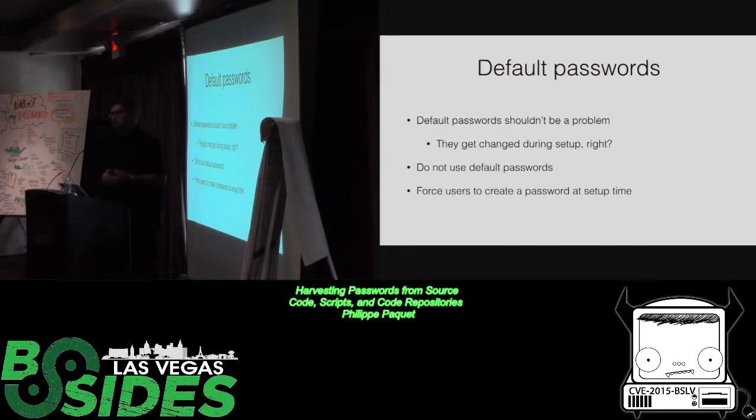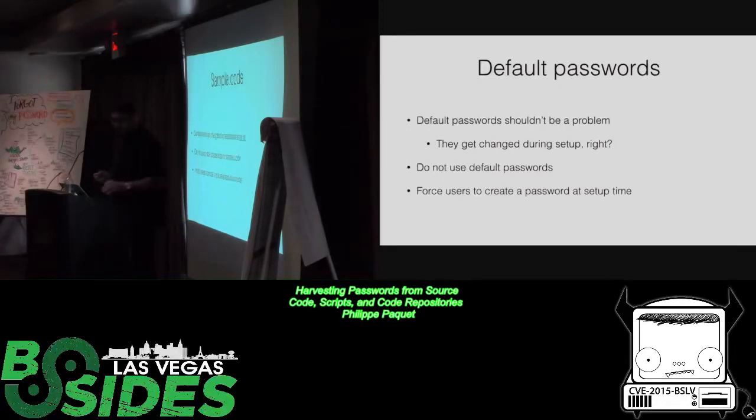It's a bit more work for your developer, but if you can convince them that they should not have default passwords in their application, and they should force the user to create an account once the application is first run, you're going to save yourself a lot of trouble. It's a small effort. It's not impossible. You can do that in every kind of application. If you look at WordPress, for example, WordPress is going to force you to create an account. If it's good for WordPress, it's good for every kind of application.